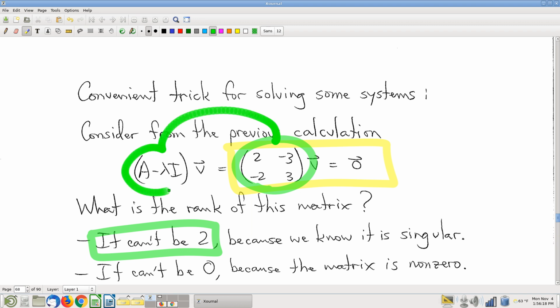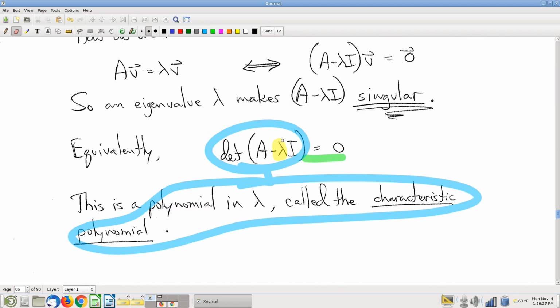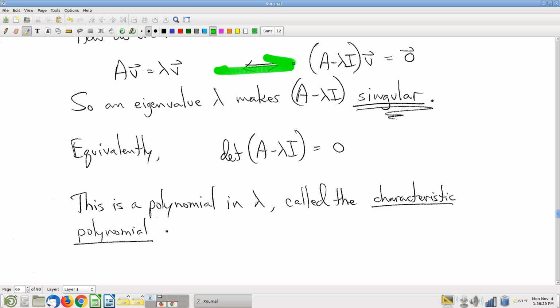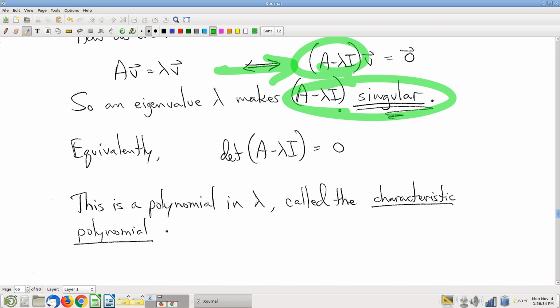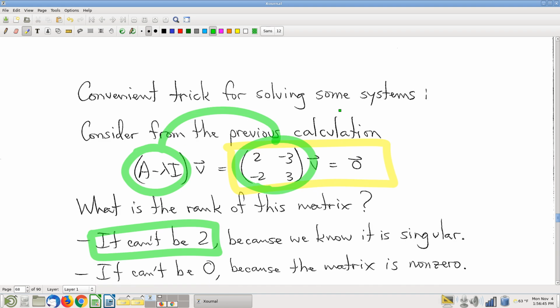Well, because, look, it's A minus lambda I. I already know lambda is an eigenvalue. And the whole point of switching to this version is because this matrix will be singular. And again, there's a long list of equivalent conditions back in chapter 2, but a matrix being singular means that the rank cannot be, in this case, 2.